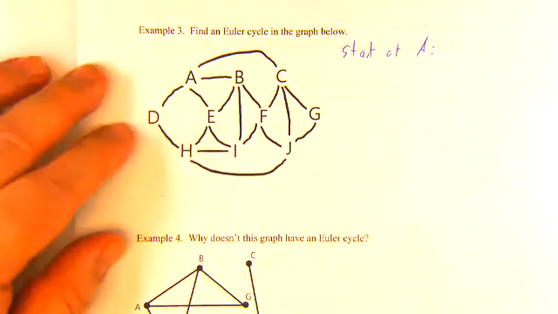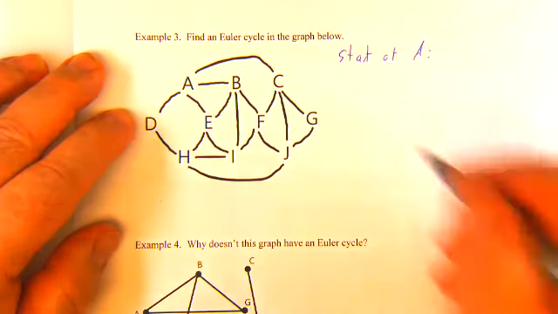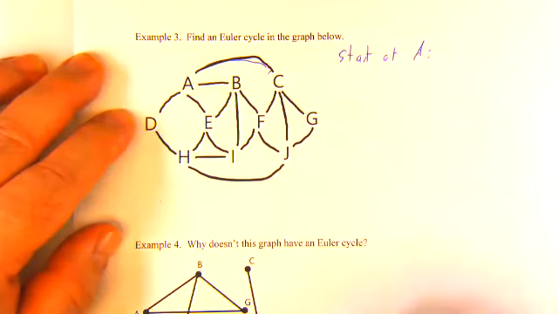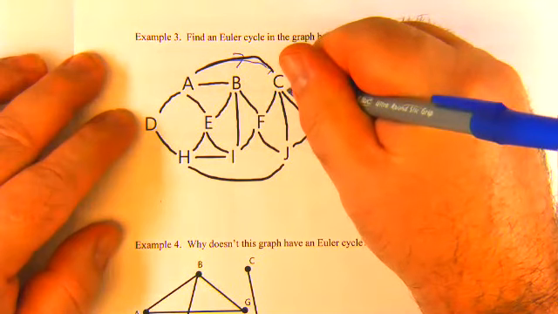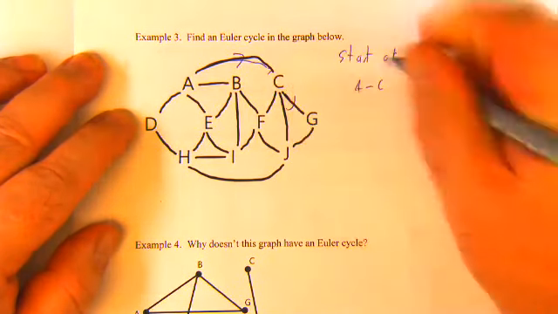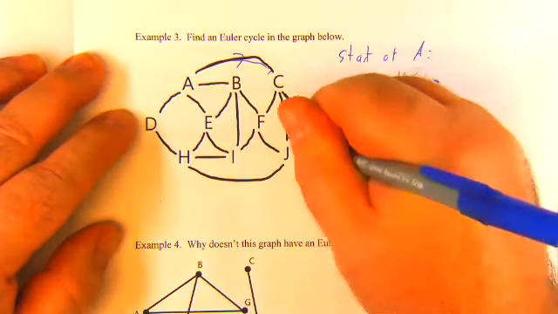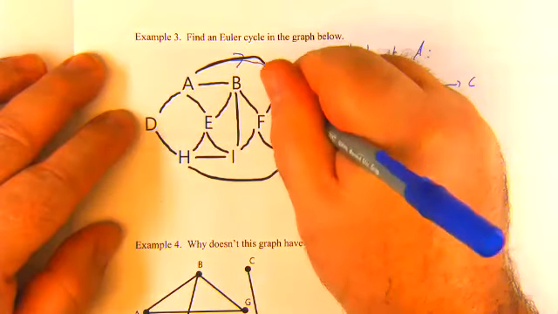So if we start at A, we go A to C, and then C to G, G to J, and then we can go back up from J up to C, and then back out of C.